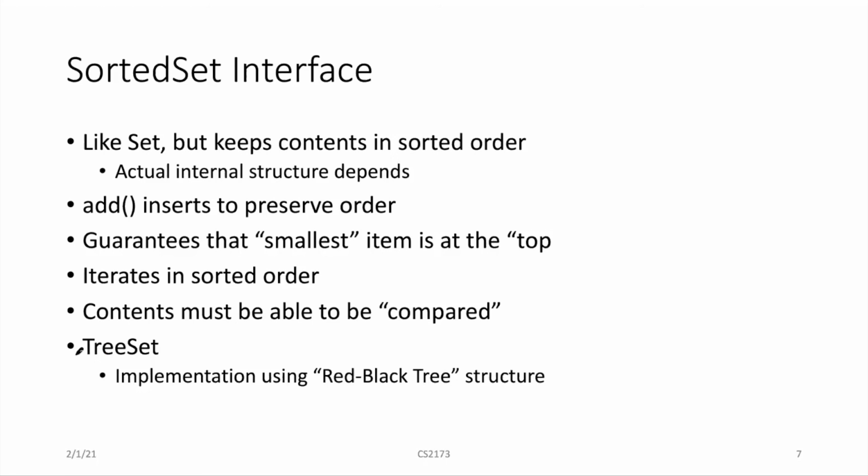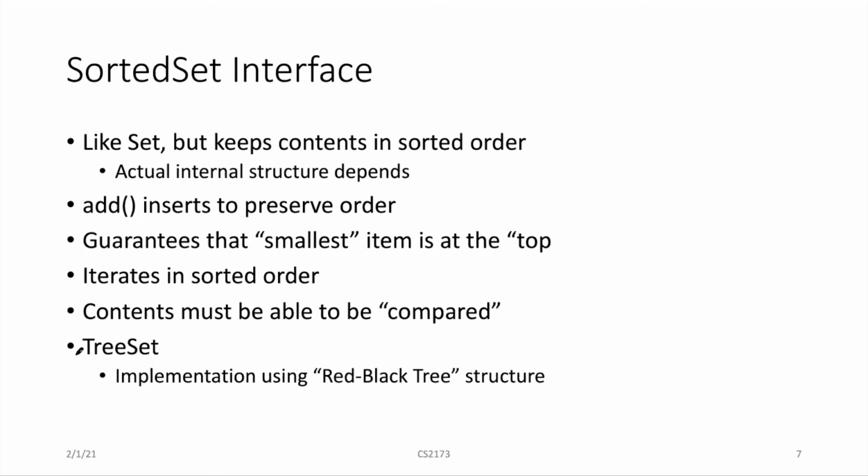And there's even more, because this sorted set is one of the most useful things out there. It's like the set, but it keeps the contents in a sorted order. The actual internal structure depends. If you looked at how it's actually stored, they use something called a red-black tree. You don't have to worry about that, but it's an extremely efficient way of keeping things in a sorted order.